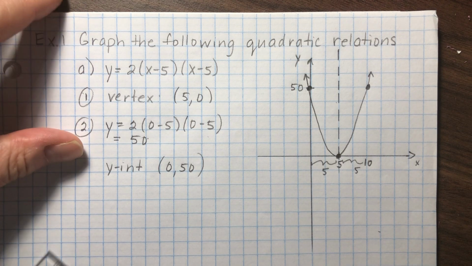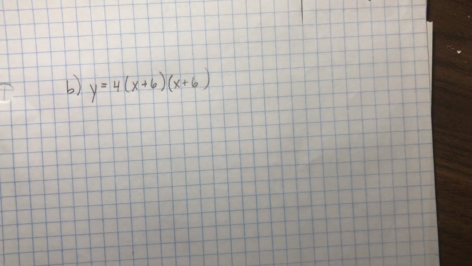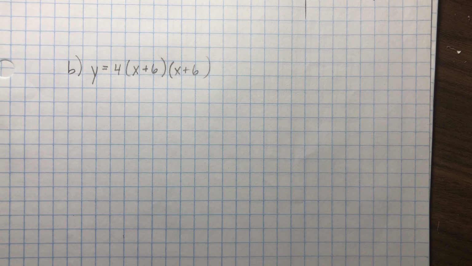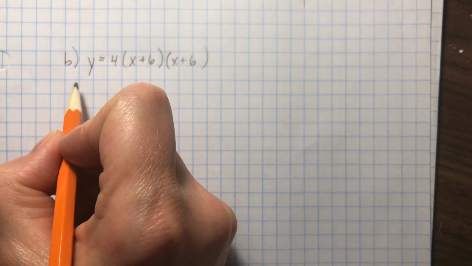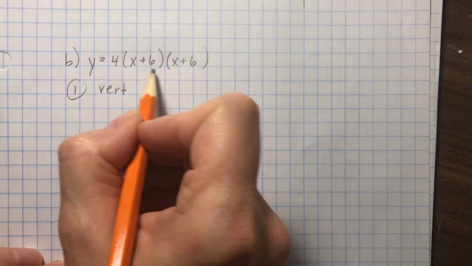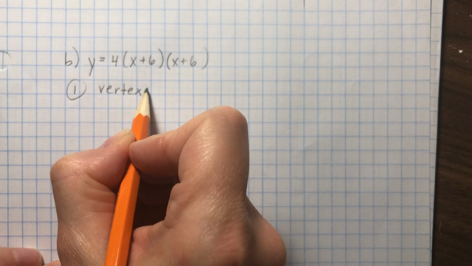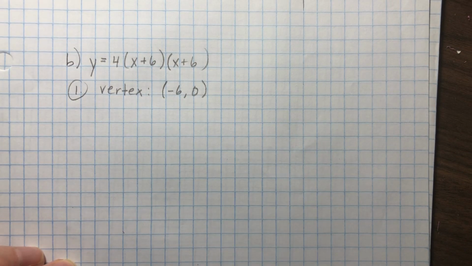Okay, let's look at another example just like this. Okay, first step again, determine the vertex. What value of x will make each factor equal to 0? And it will be -6. So the coordinates of the vertex will be (-6, 0).